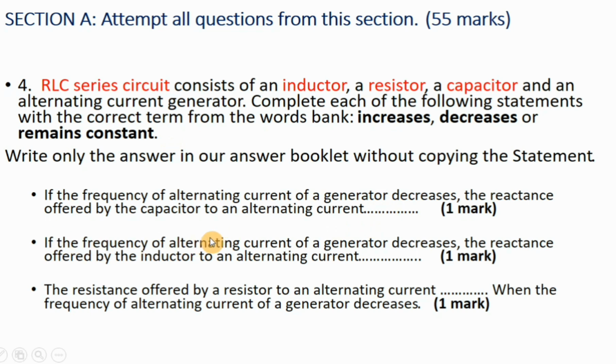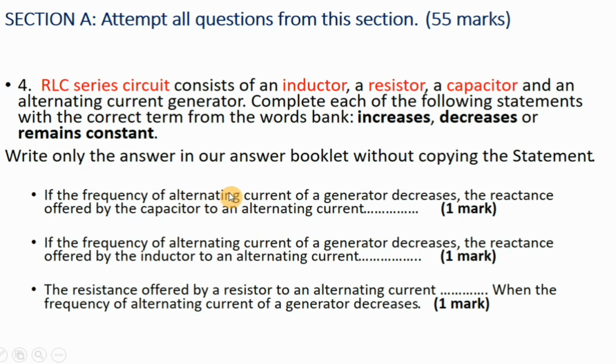If the frequency of the alternating current generator decreases, the reactance offered by the inductor to the alternating current, we are going to see whether to put increase, decrease, or remain constant. That is the second thing they have introduced.